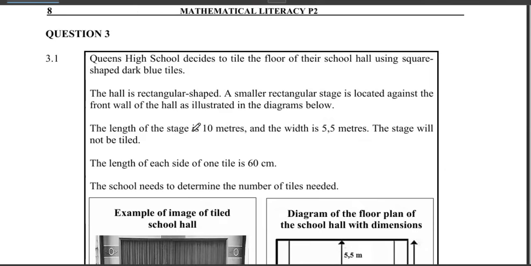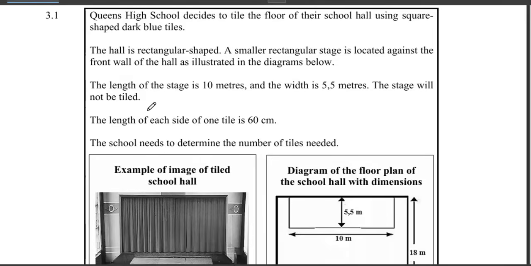Question number 3. Queens High School decides to tile the floor of their school hall using square-shaped dark blue tiles. The hall is rectangular shaped. A small rectangular stage is located against the front wall of the hall, as illustrated in the diagram below.